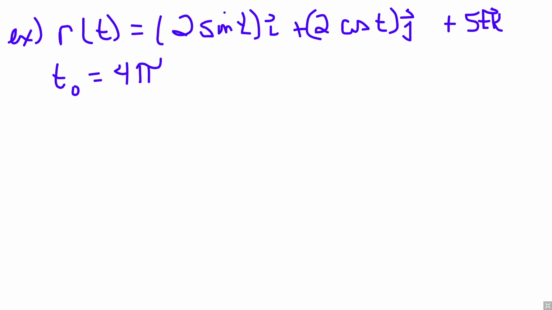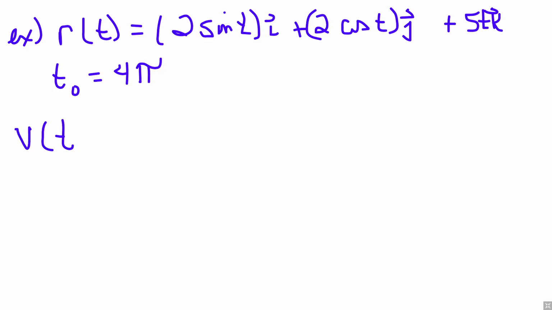Okay, so let's think about this. If we are writing an equation of a line tangent to a curve, what do we need to find? Yeah, we need to find the derivative. Since the first derivative of the position is the velocity, we're going to find the velocity vector.